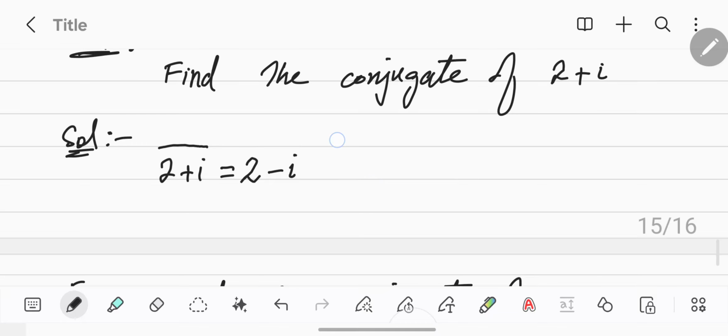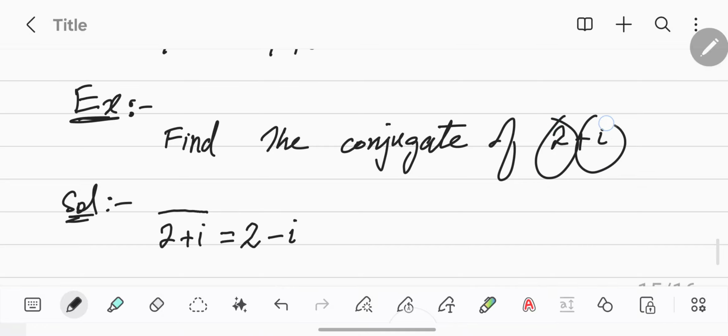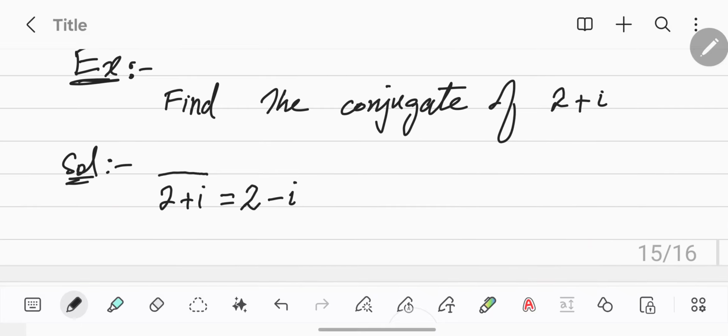But if the number is mixed, mixed means it has a real part as well as an imaginary part. Neither is it pure real nor pure imaginary. If you have such a number, then you will make no change in the real part and you will flip the imaginary part of this number.